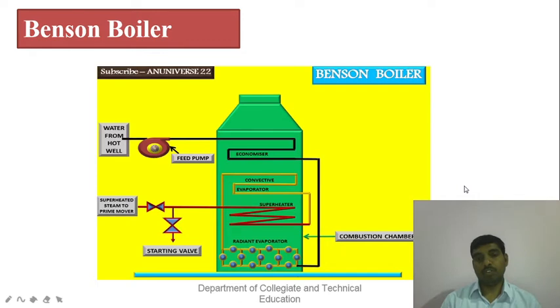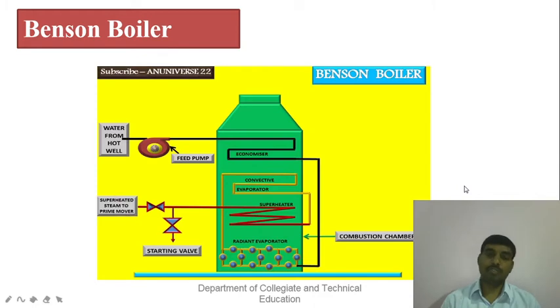So here we can see the radiant evaporator, convective superheater, convective evaporator and economizer. These are all arranged in the path of the flue gases, because here is the combustion chamber and the flue gases flow from bottom to top. Here is the steam outlet from the superheater, and the superheated steam goes to the prime mover.